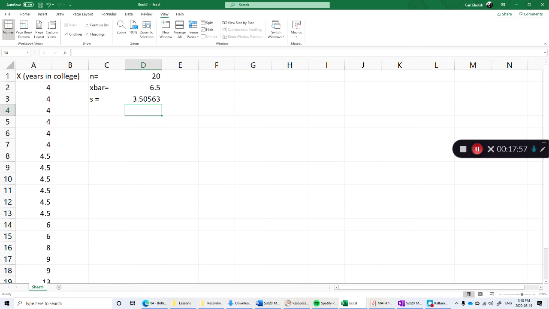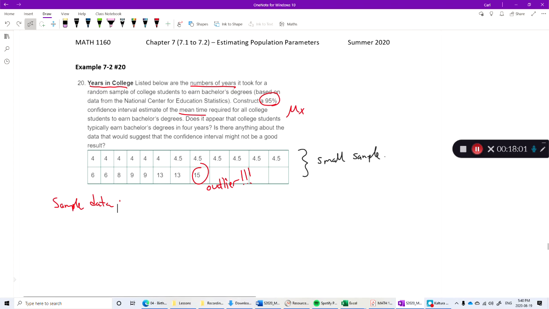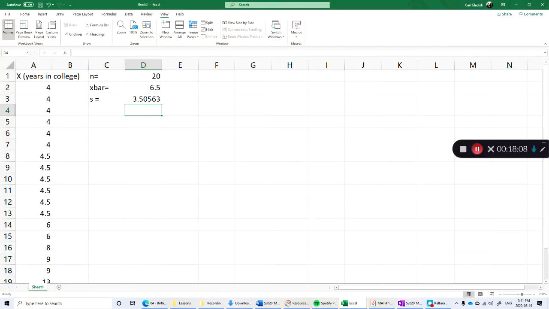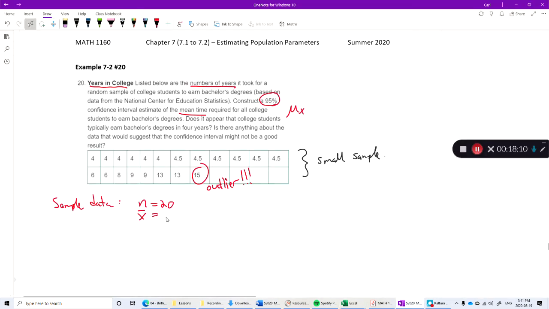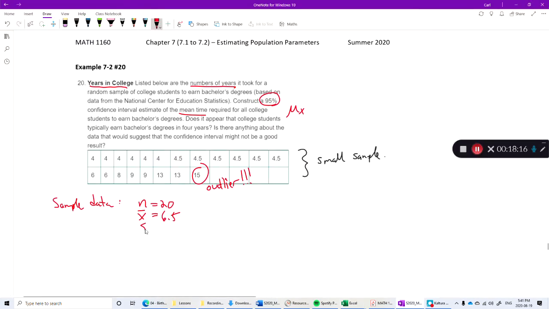And N is 20, so that's not very big. So we should keep that in mind. N is 20. X bar is 6.5. And S is 3.50563.